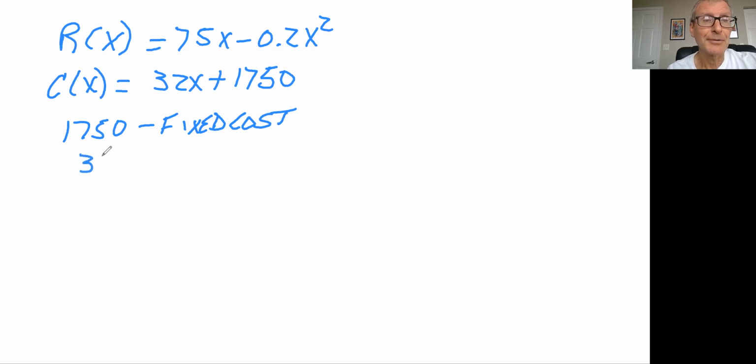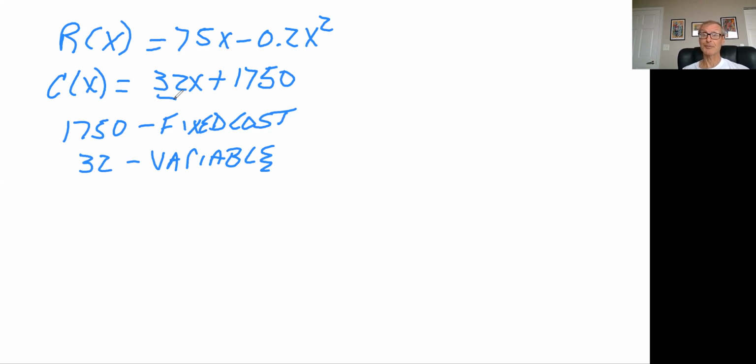And the 32 is what we call variable cost. So every time that you make a wristwatch, it costs you $32. And so the more wristwatches that you make, the less the percentage of the fixed cost will affect the total cost of your business. So that ends up being a really important attribute. And in my life, I modeled my cost function and knew exactly what my fixed and variable costs were. And so that answers question one.